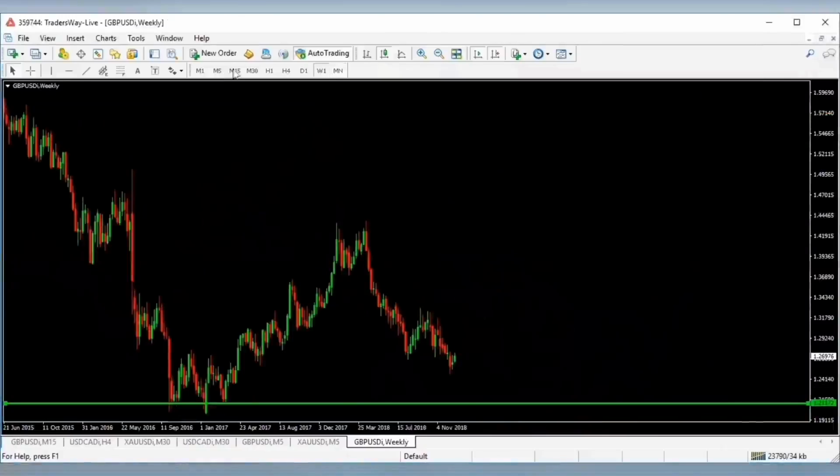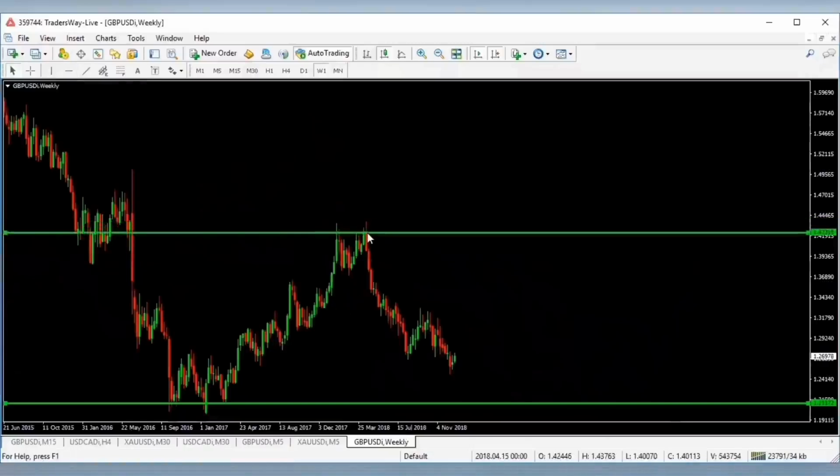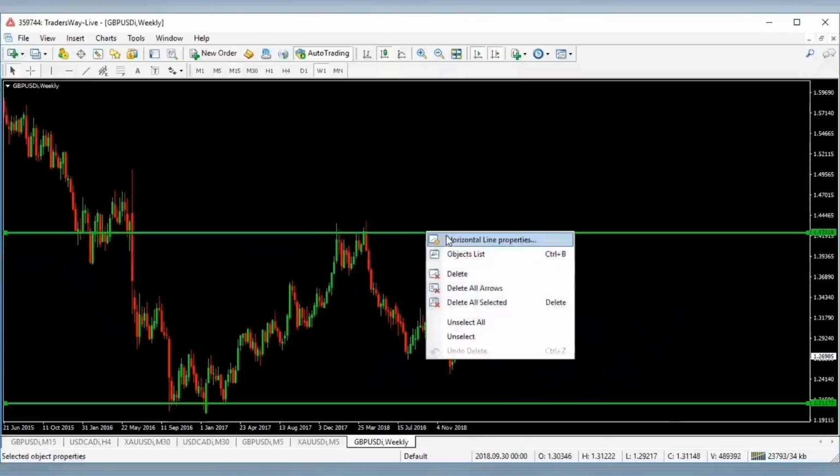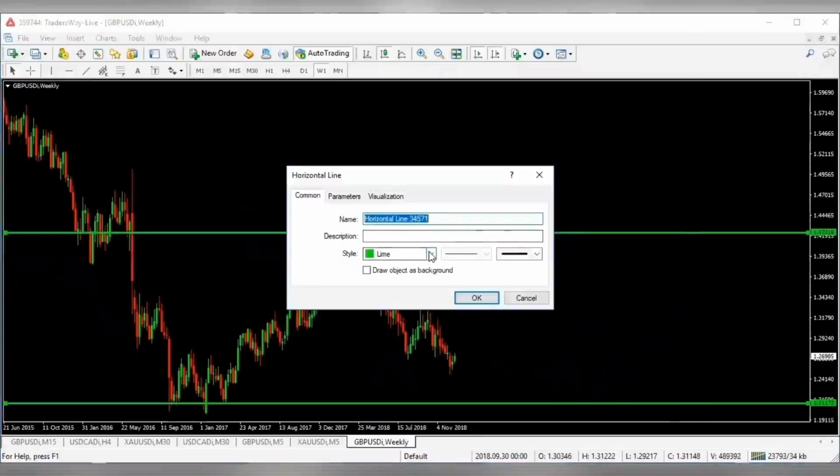Right now, we could see on the weekly time frame, this was the last highest point the market reached on the weekly time frame. So let's place that line and also color code.